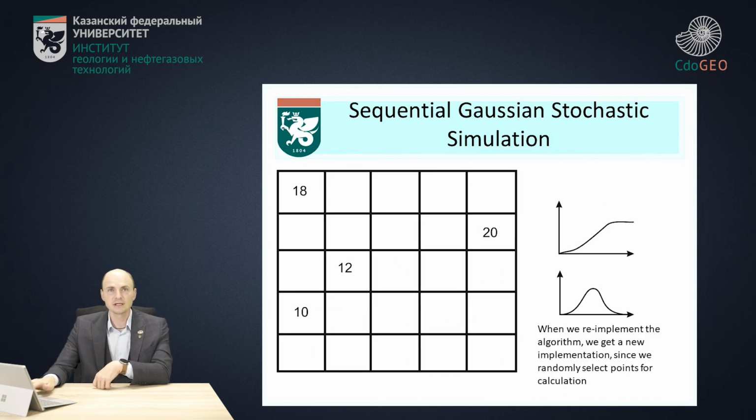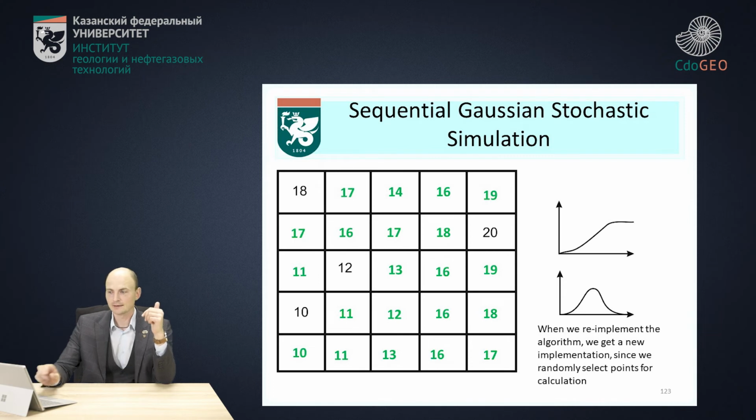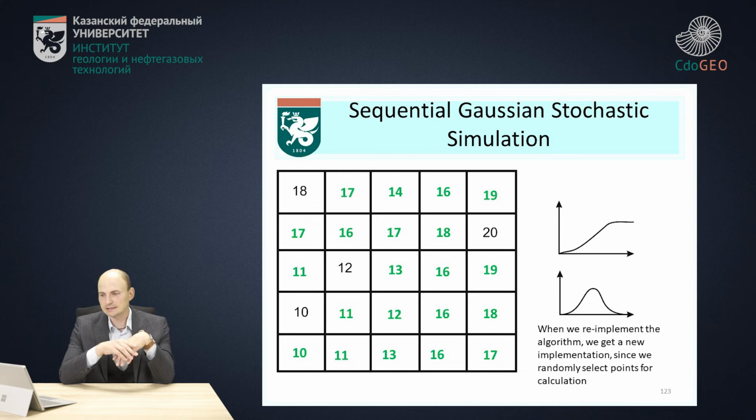So what we can do is run the algorithm once again, and it's going to give us a different solution. For example, like that. You see, once we run the algorithm again, it gives us different values in the bottom part. Now it gives us 16 and 17 porosities.